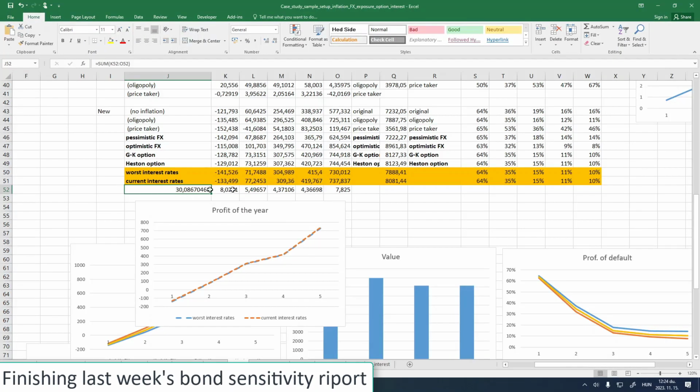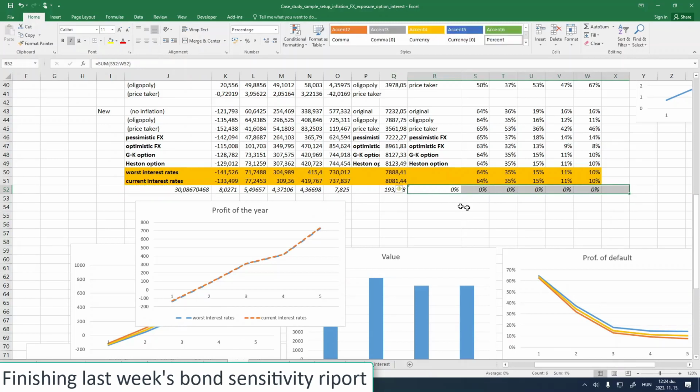Okay. I will leave it here because I was talking about it, so let's not change this one. Also, let's convert them to percentages, so they are nice zeros.